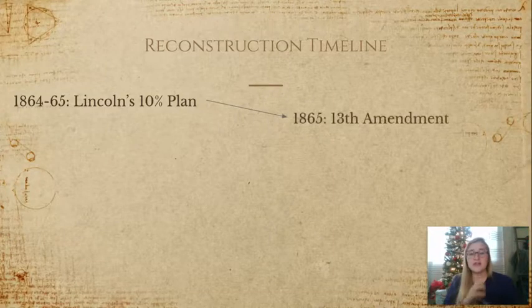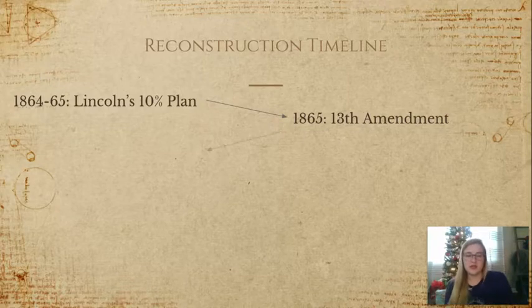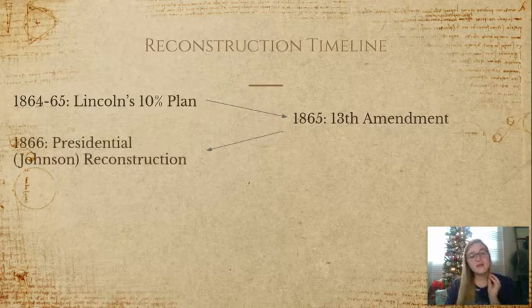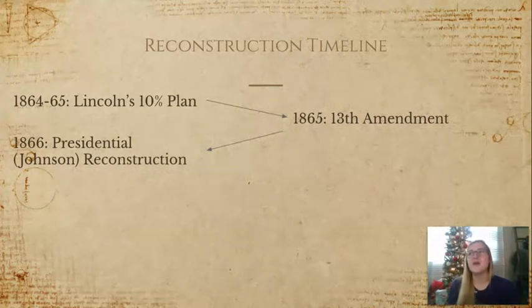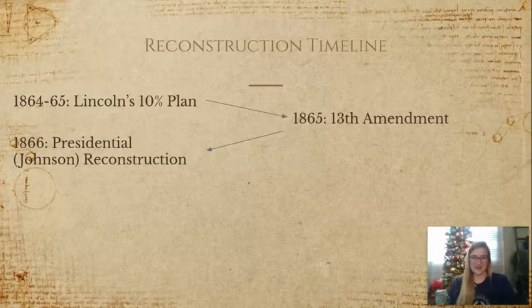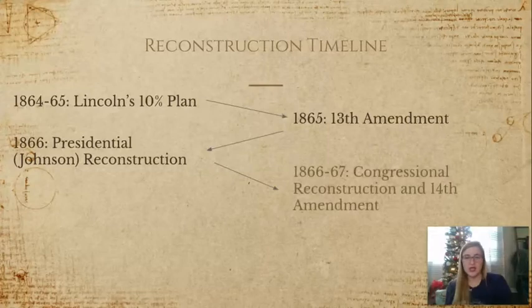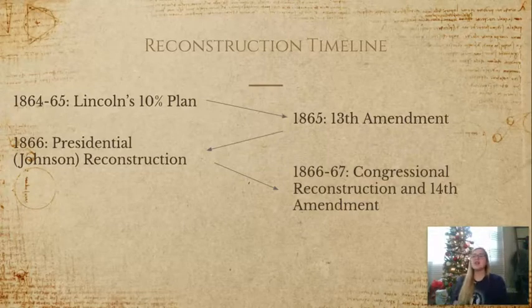So then we go through this phase of different laws passed leading up to Reconstruction. The 13th Amendment abolishes slavery. And then President Johnson is put into power. He was the vice president, and President Johnson is not as full of grace as President Lincoln was. And he will put his presidential Reconstruction plan into work. But Congress goes against what President Johnson does and vetoes him multiple times.